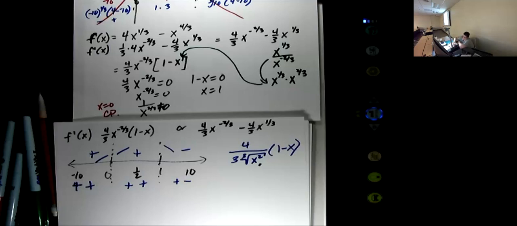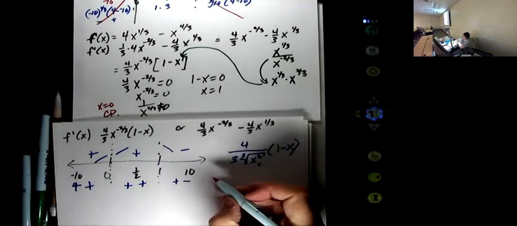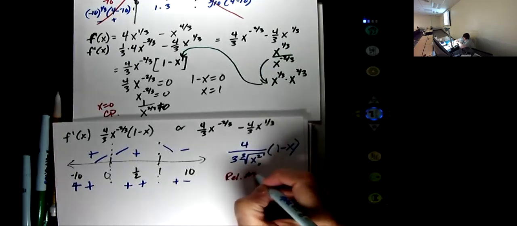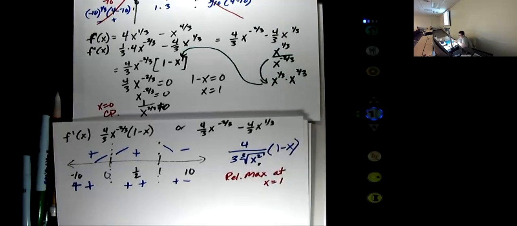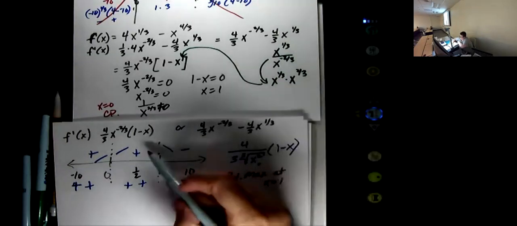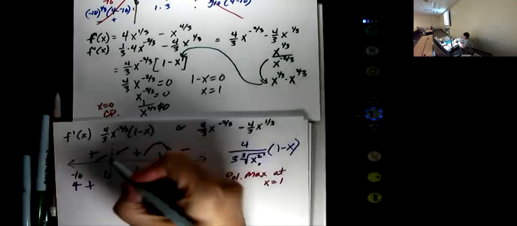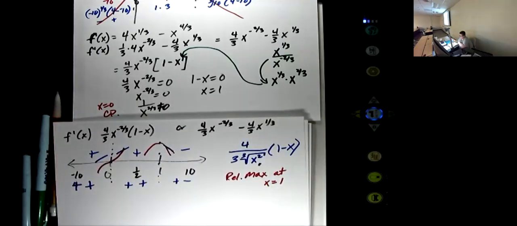So it looks like we have at least a relative max at x equals 1, because it's making something like that there. Now the 0, it's increasing, so it might be doing something like that, like x cubed does. Probably is.